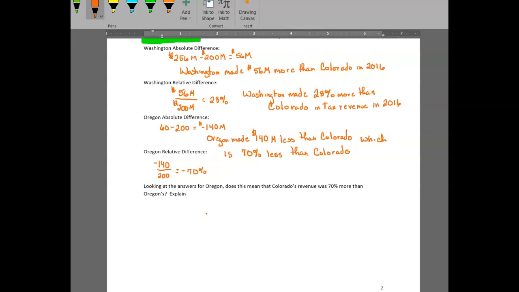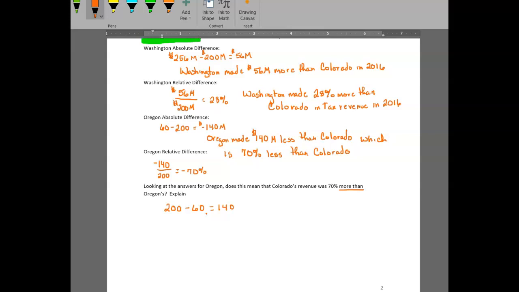It came about by taking negative 140 divided by 200. And negative 140 came from our absolute difference. So in order for this answer to be positive, I would have to have 200 minus 60. That gives us our positive 140.